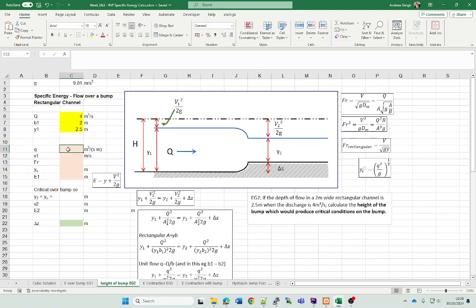So let's just calculate q again. Lowercase q, which is flow per unit width, Q divided by width. It's 2 meters cubed per second per meter. V is equal to Q divided by B times Y, which is 0.8.